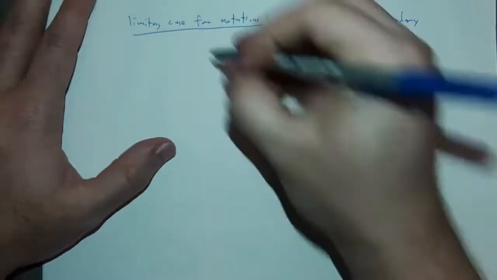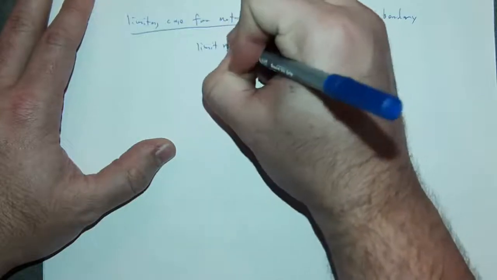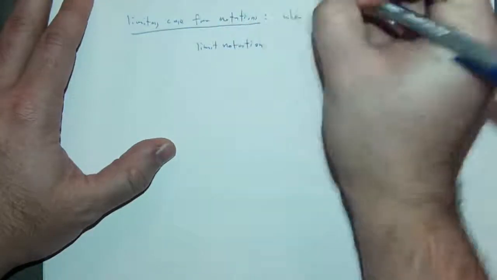This is called a limit rotation. In this case, everything that gets mapped onto itself is called a horocycle.